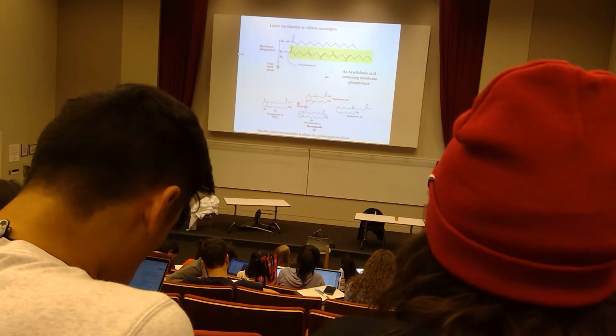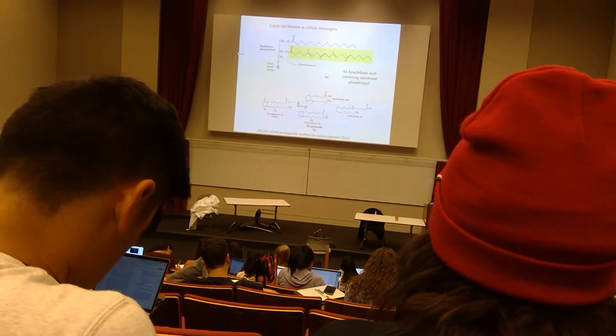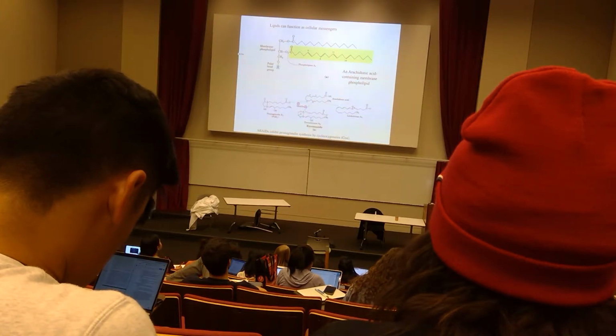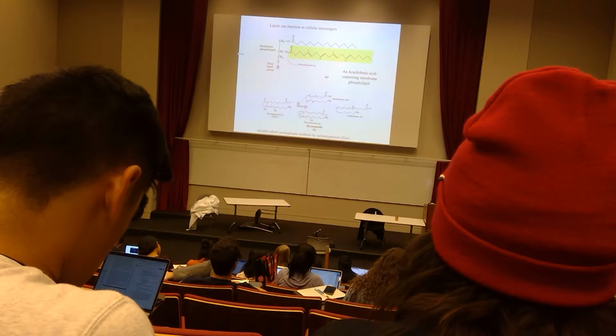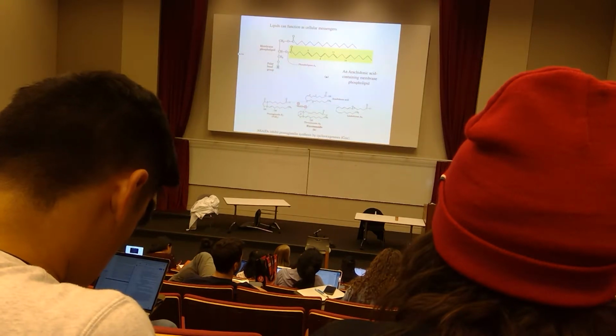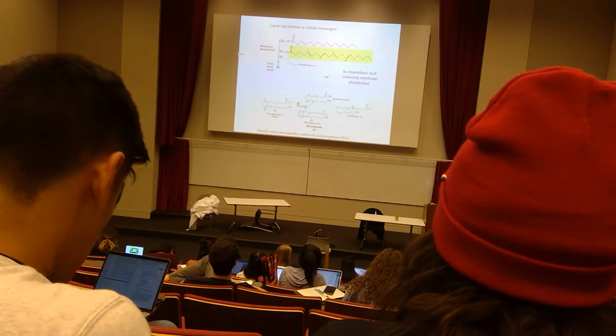We will talk on Thursday about how signals are passed through the cell, from the exterior of the cell to the interior of the cell, and we'll talk a lot about what those signaling molecules look like. In some cases they're peptides, in other cases they're proteins, in other cases they're nucleotides like cyclic AMP, and I just want to point out that lipids themselves can function as cellular messengers.